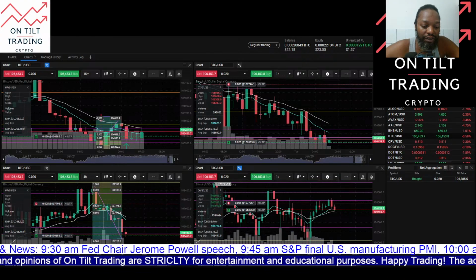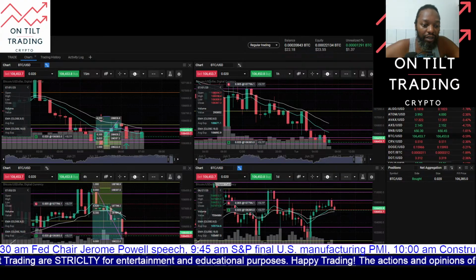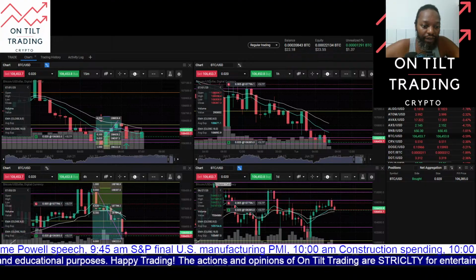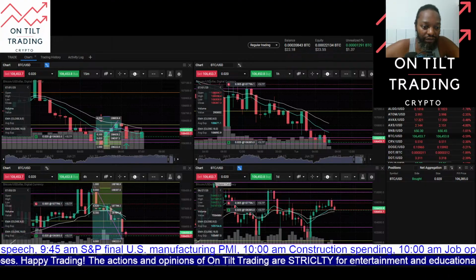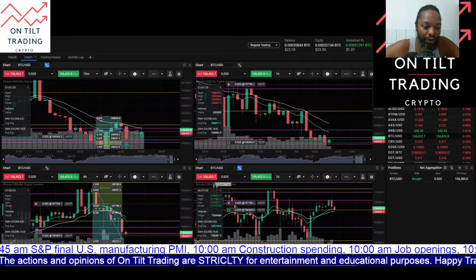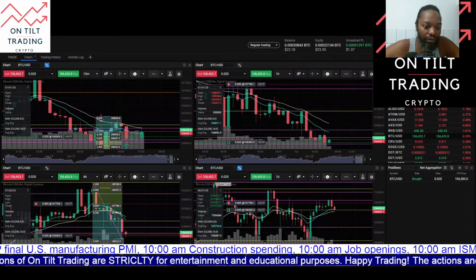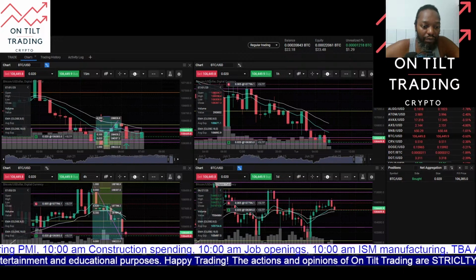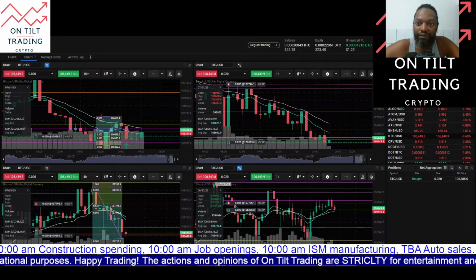Price could still continue down before returning back up to a moving average or another level. But my anticipation was that it would pull back from this level.